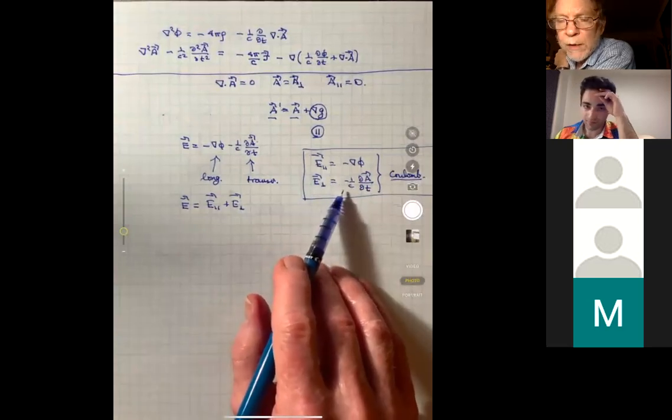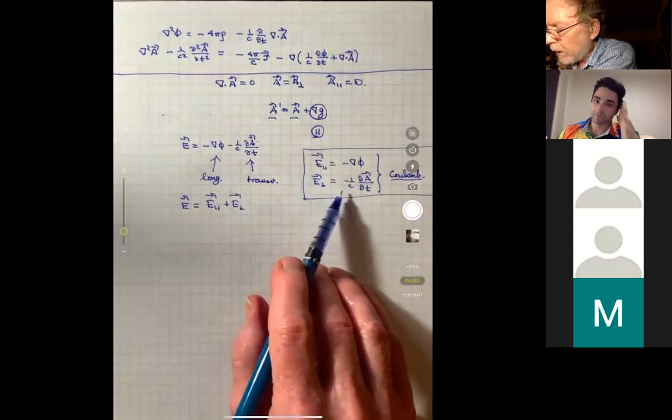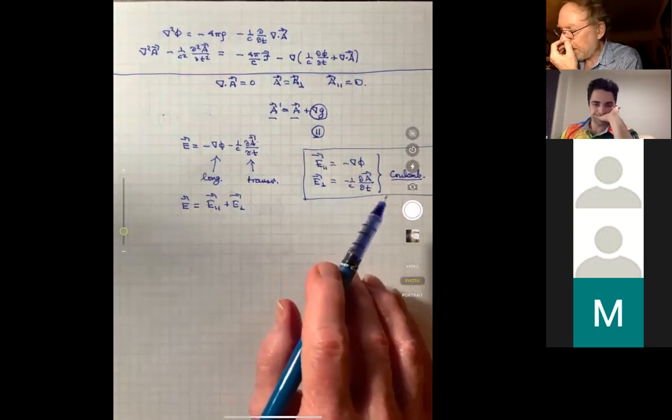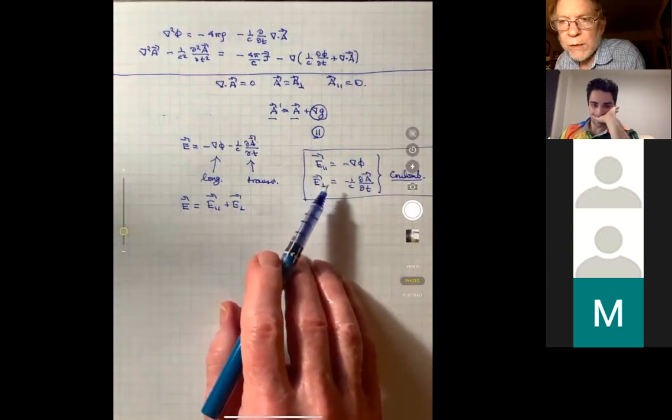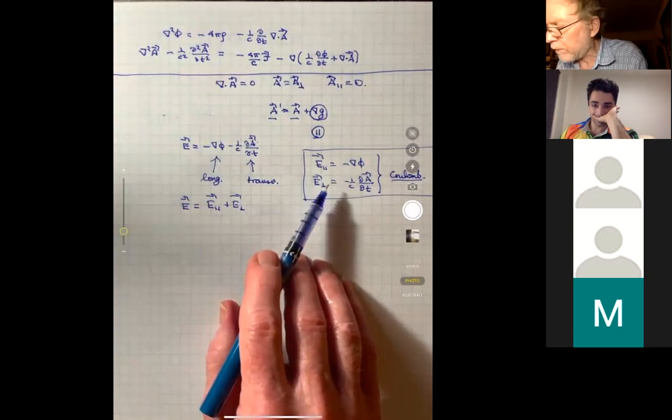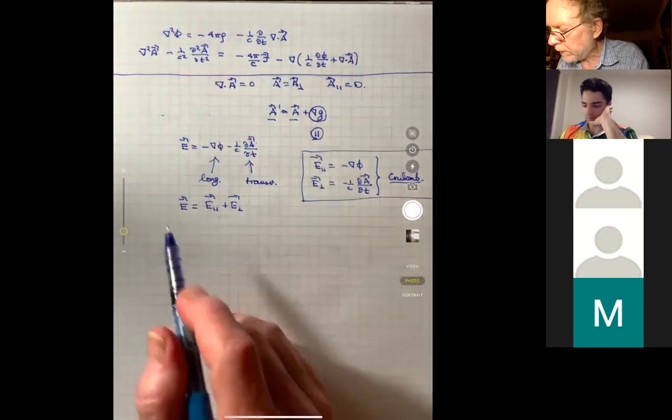In fact, that's what the electrostatic model involves: neglecting the transverse part. I'll come back to that later, but in Coulomb gauge, the two terms in the expression for the electric field are precisely the longitudinal and transverse components of that electric field.